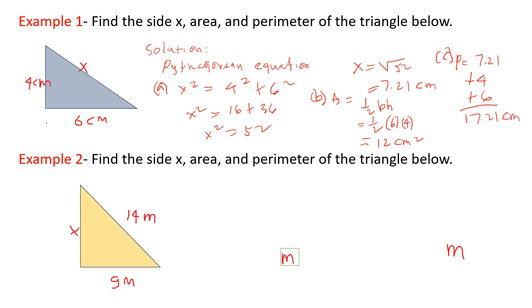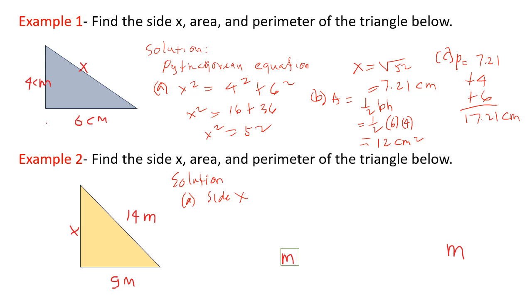Number 2, find the side x, area and perimeter of the triangle below. So your solution, letter A is side x.